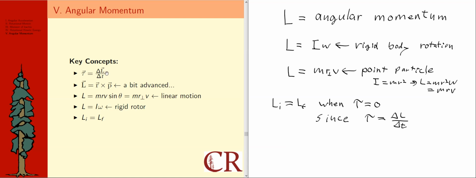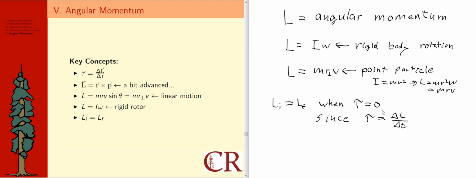Of course, we've already seen that Newton's second law for rotation says applying a torque to a system winds up causing it to have angular acceleration. But when you have angular acceleration, that is related to the fact that the angular momentum of that system is, in fact, changing. But anyways, that's getting a little bit deep. It does give the tie-in for why angular momentum might be conserved for certain systems.